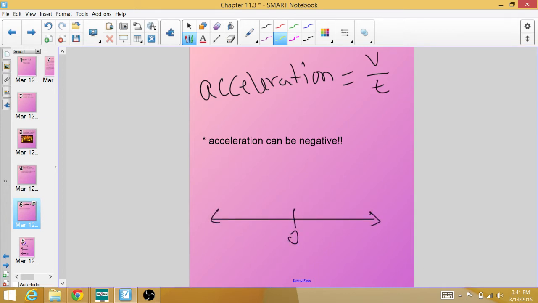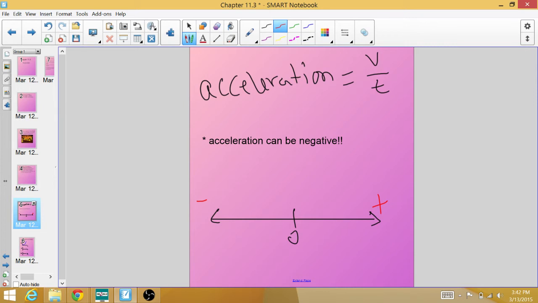So if you think about a number line here, and we define moving to the right as positive and moving to the left as negative, if an object moves forward this way, they have a positive velocity because they're moving in this direction. But if they're moving in this direction and slowing down, that means that their acceleration is acting in that direction because they are making their velocity smaller.